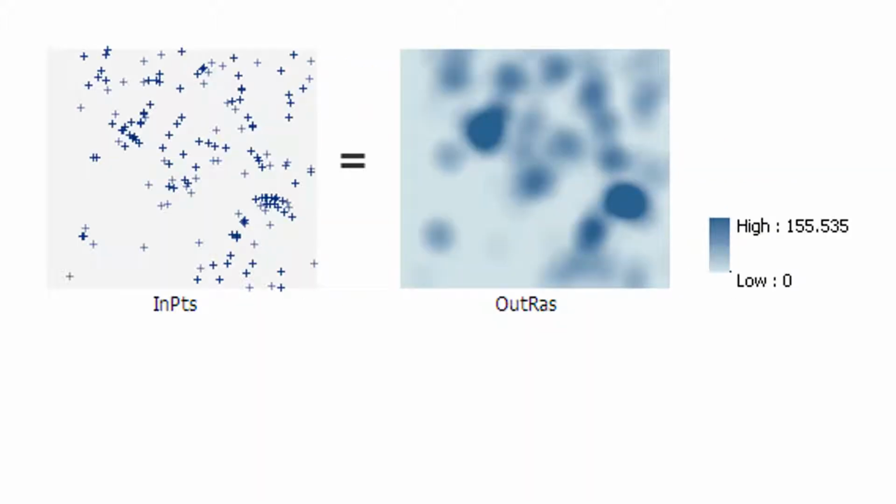So when you do this, what does it look like? Well, a kernel density would literally take points like we see here on the map on the left as your inputs, and it would then generate a raster grid across that area, and then for every cell in the grid it would define a search radius, and for that radius it would identify the number or count of inputs within it.